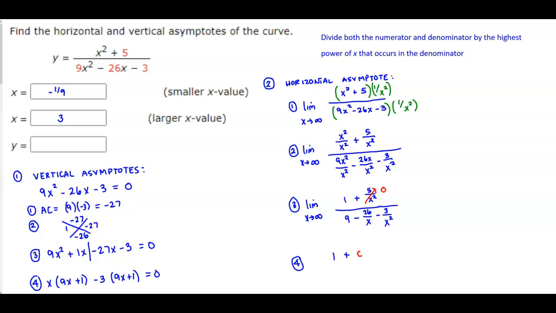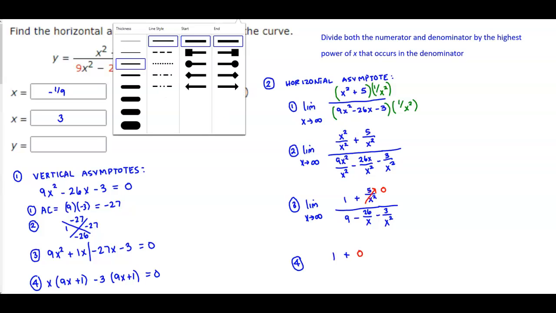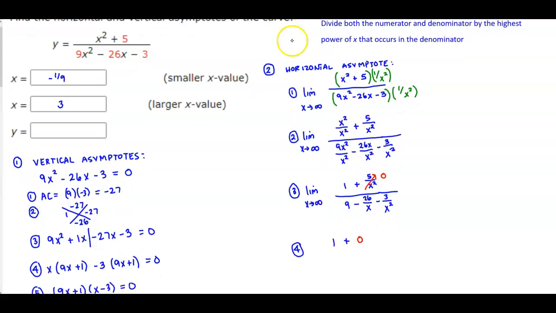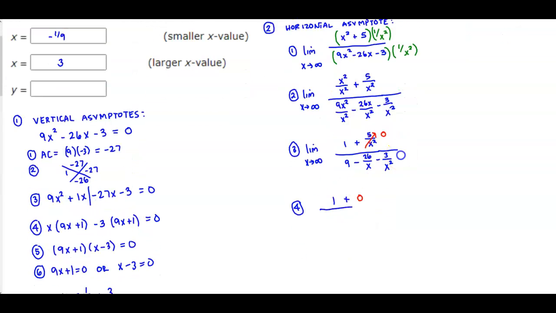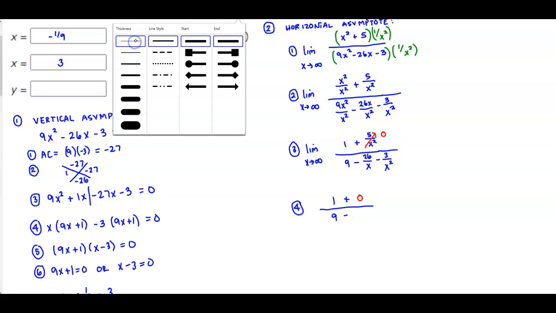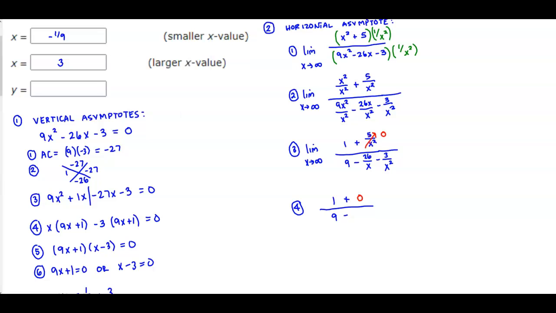So we have 1 plus 0 in the numerator. Divided by, we take the limit as x approaches infinity of the constant 9, so that is 9 minus, similarly to what we did in the numerator, 26 divided by infinity is going to give us 0. Minus 3 over infinity is also going to give us 0.